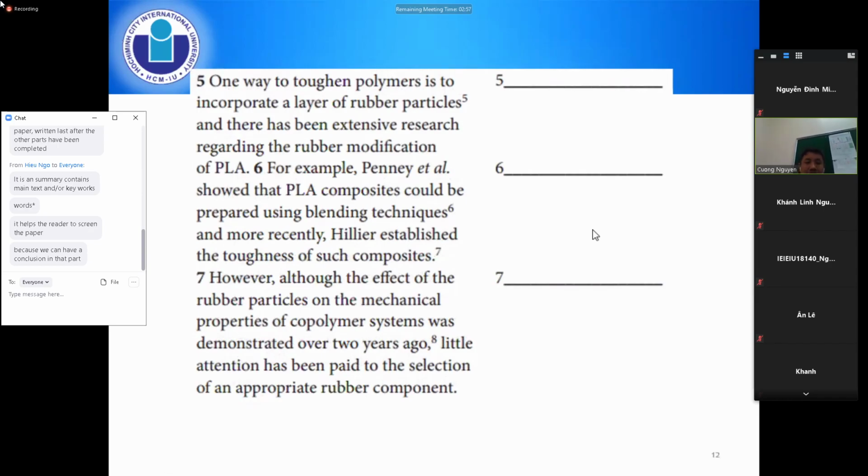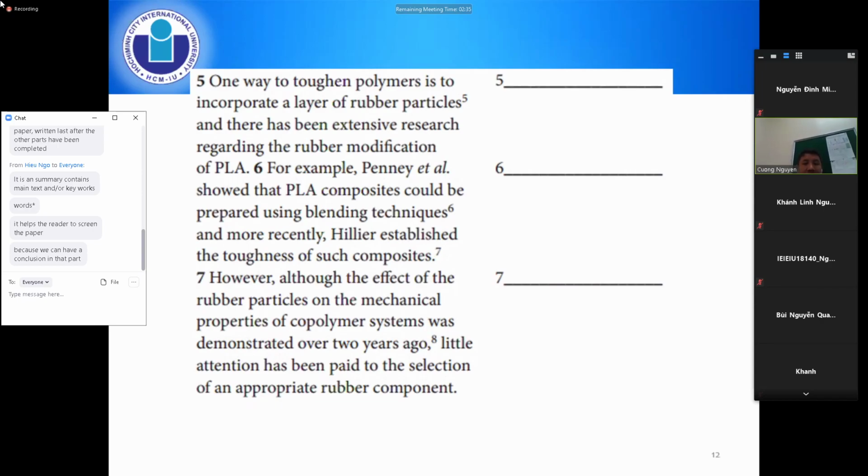Quang Minh. Yes, number 5 is kind of like a bridge between the general problem we can see from the first 4 sentences and the main topic and the literature review, I think. Yeah, I understand. I agree.